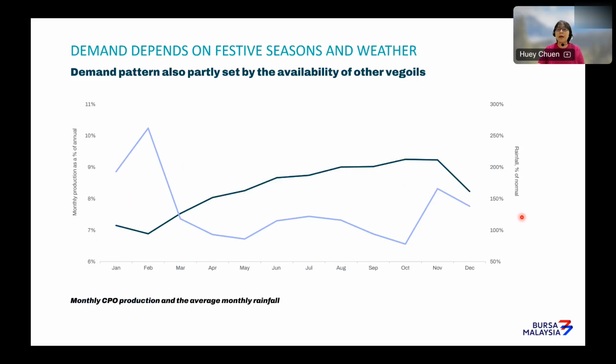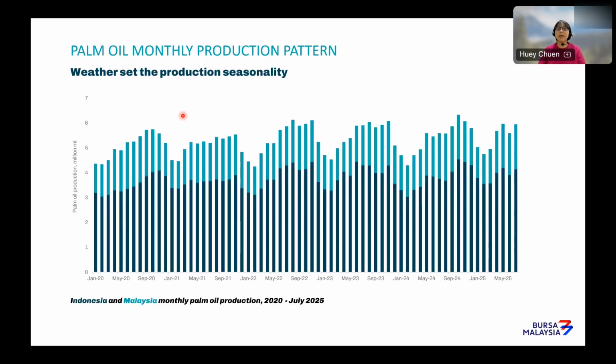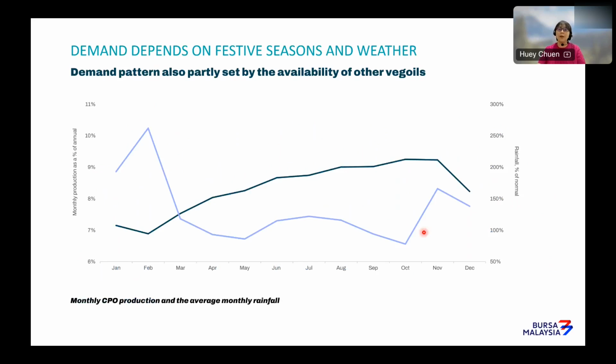The monsoon season, the high rainfall season, always starts from the fourth quarter. Sometimes it starts as early as October, or sometimes in November, December, and it extends into the subsequent year, January to February. And this year we see it go into March. Because of the rain, you can see when the rainfall is high, the production is low. When the rain starts to ease, the production starts to pick up. So this trend is actually affected by the rainfall, and this rainfall explains why we have this seasonality.